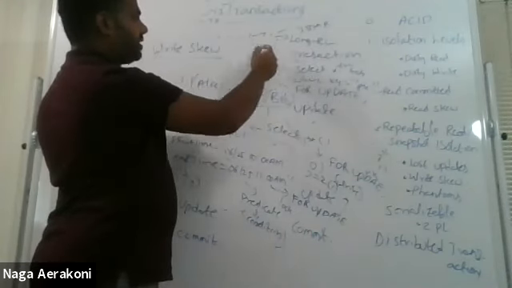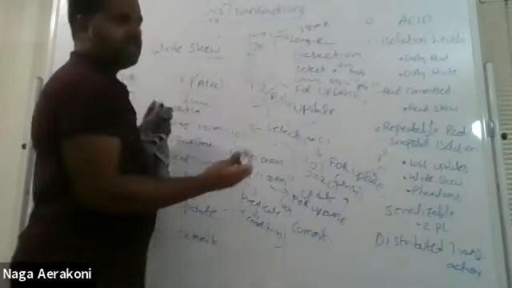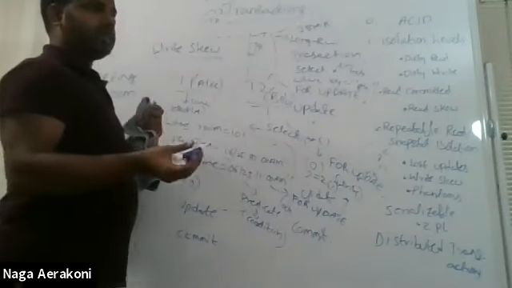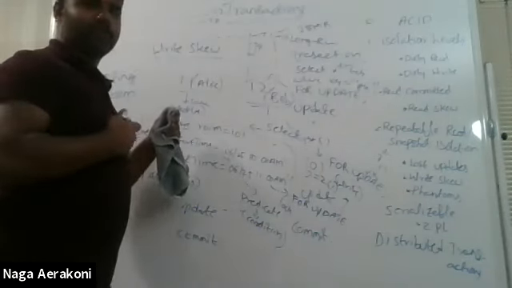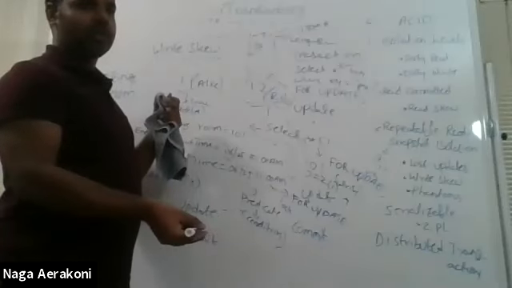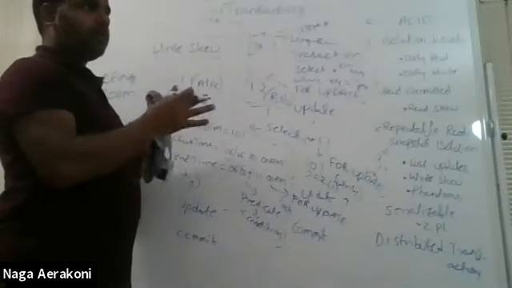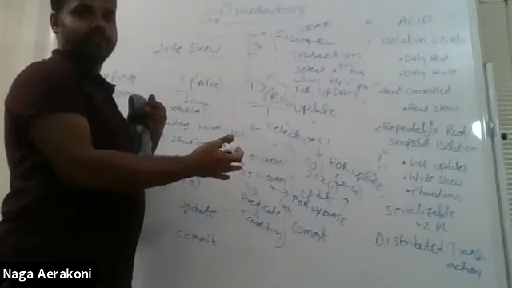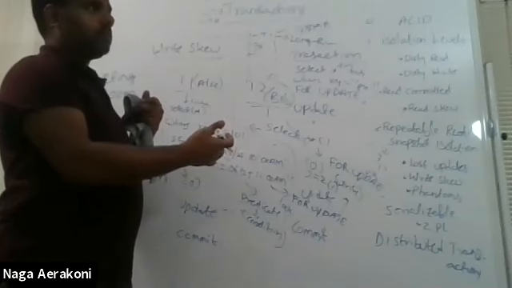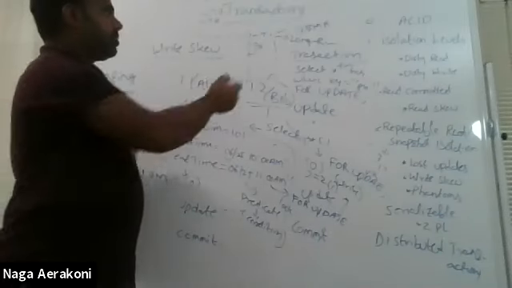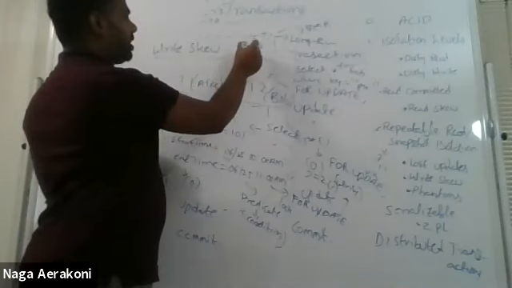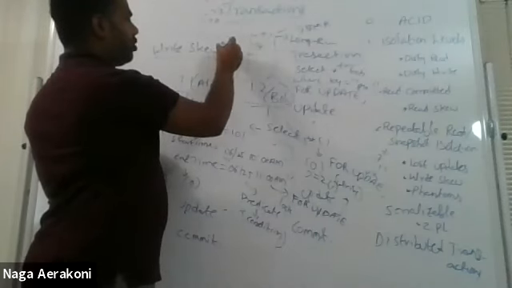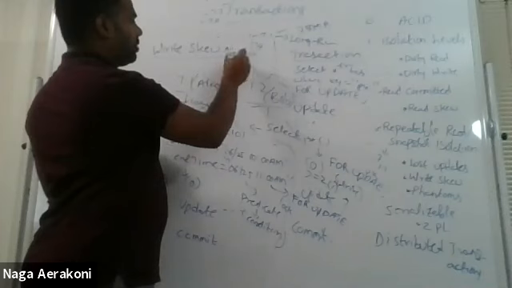If you are updating something, like we have seen the example of account balance, right? You are transferring from one of your accounts to another of your accounts. At any point, your total balance should be the same. Suppose this is to transfer from account 1 to account 2.